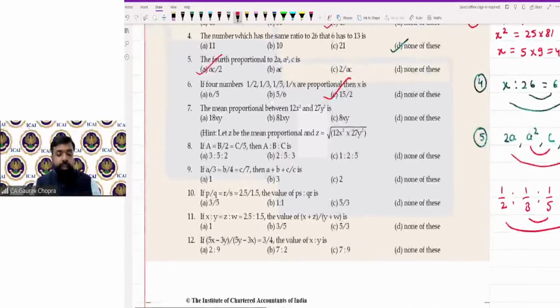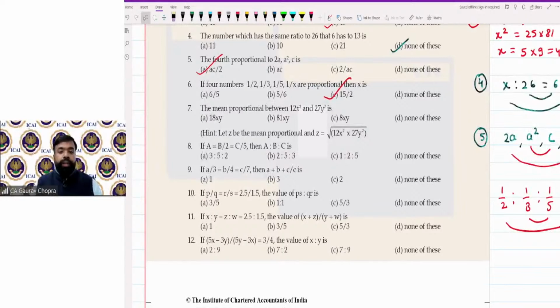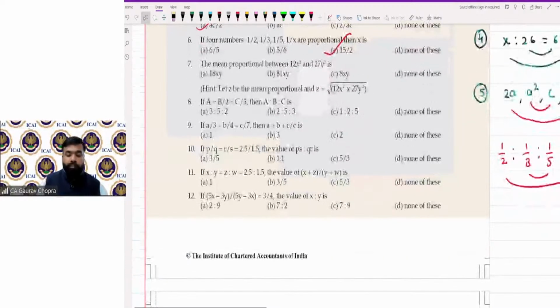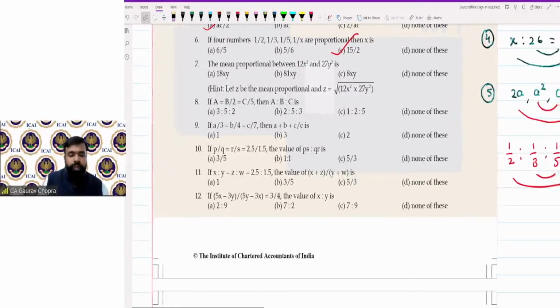Now the 7th one, the mean proportional. Mean proportional you have to calculate. That means the middle term you have to calculate. So apply again the same way. Now this time X and Y are already used. So let us assume Z as the middle term. You can assume any number.